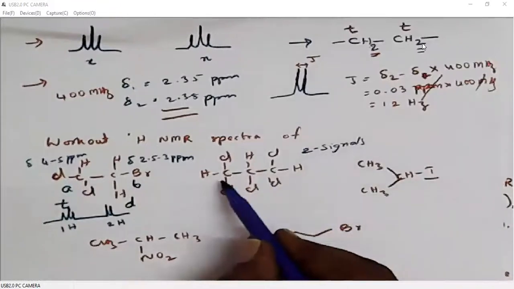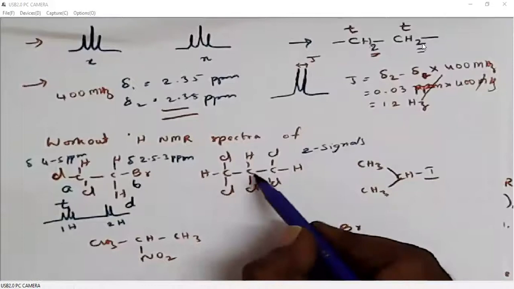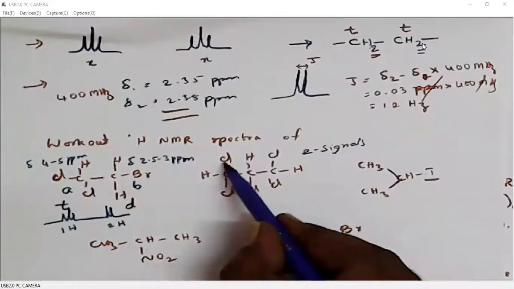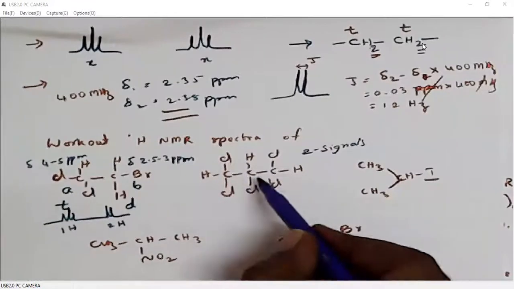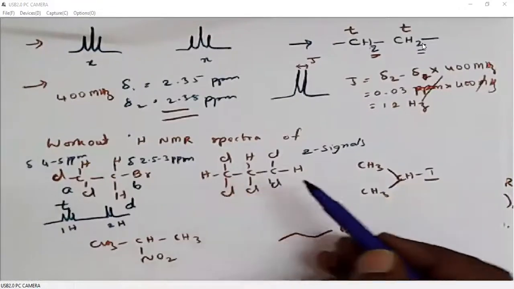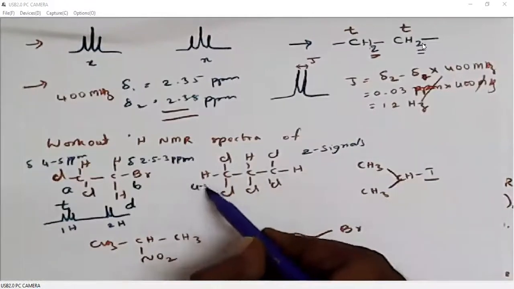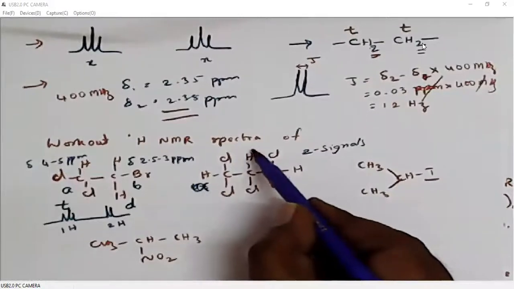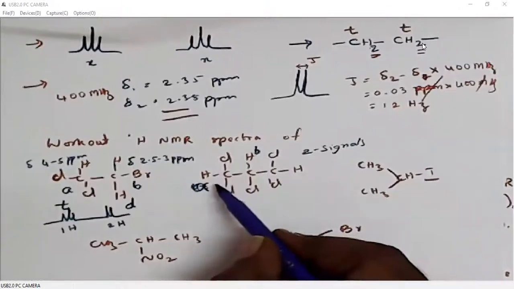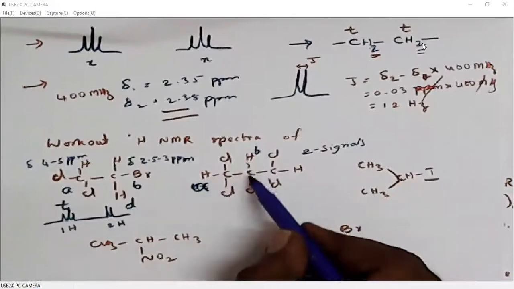Now coming to this proton, first we will predict the order of frequencies. Because this proton is on a carbon where two chlorines are present, whereas this proton is on a carbon having only one chlorine. Because two chlorines give more electronegativity, it will have a high delta value A, whereas this proton will have a low delta value B. Now coming to the multiplicity, this proton has only one alpha proton.